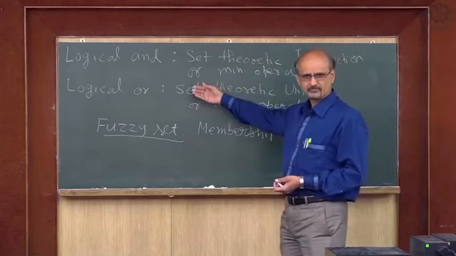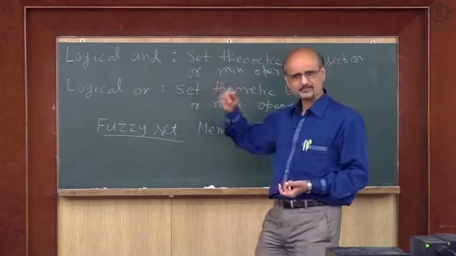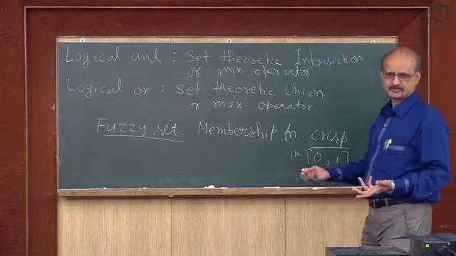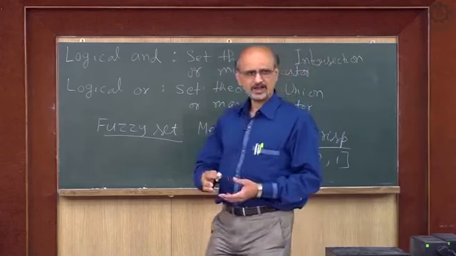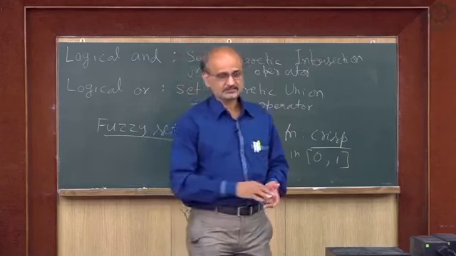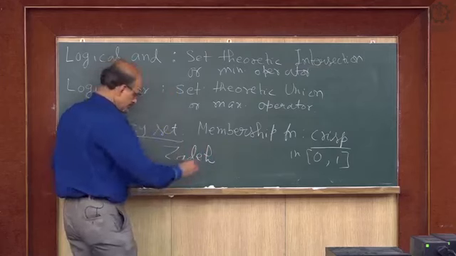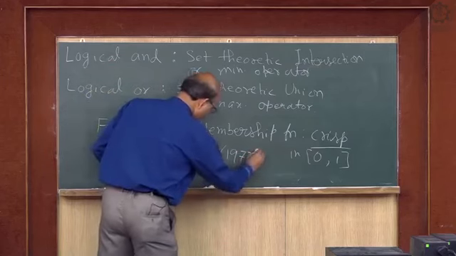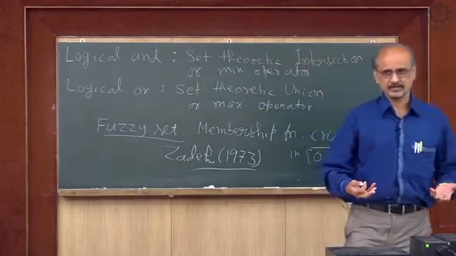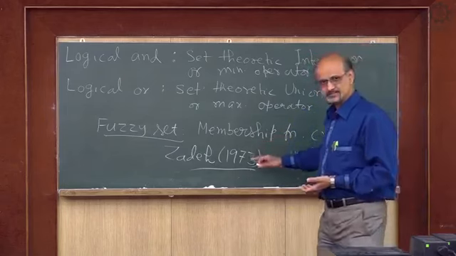I can give 0.5 for some value, you can give 0.6, somebody can give 0.4. That means for human beings this membership function may not be fixed, so that should again be fuzzy. So Professor Zadeh, father of fuzzy, gave the notion of fuzzy sets where the membership function itself is fuzzy.